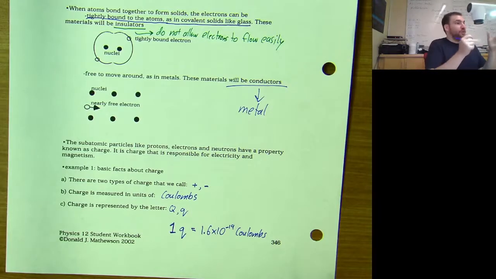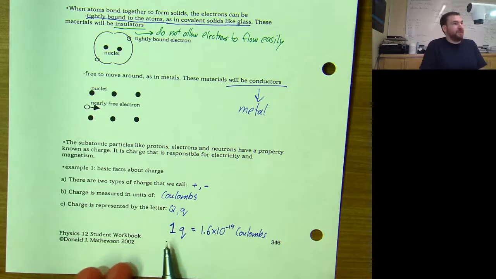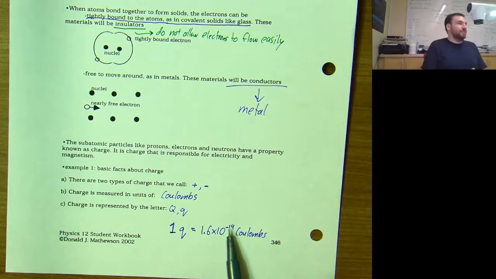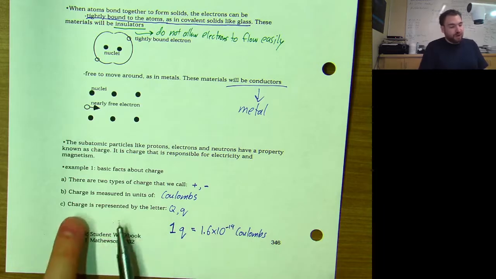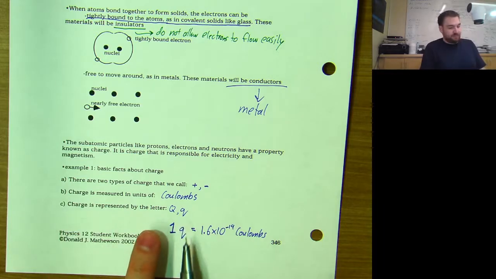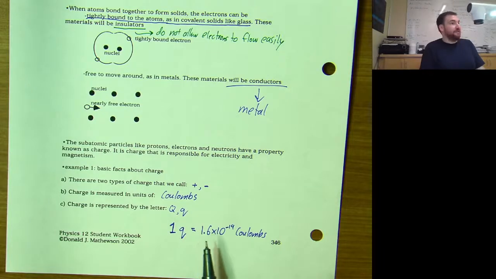So one charged object, like 1 proton would be 1 Q, is equal to 1.6 times 10 to the negative 19 coulombs. So 2 coulombs is double that. Charge is represented by Q.